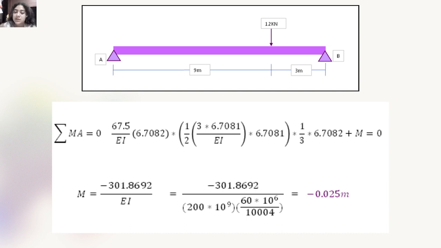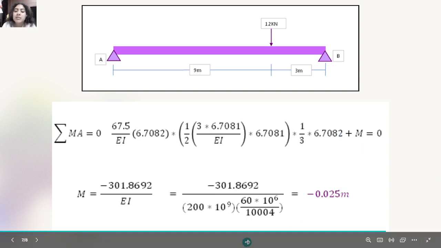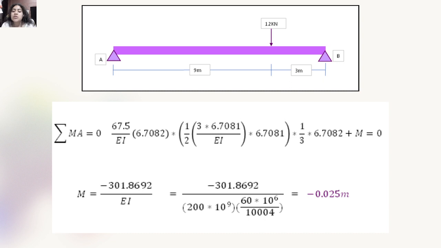It's an example. And my value of my moment is minus 0.075 meters. It's 0.2550 centimeters, and that's all. Thanks for watching.